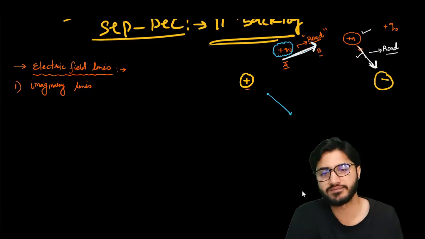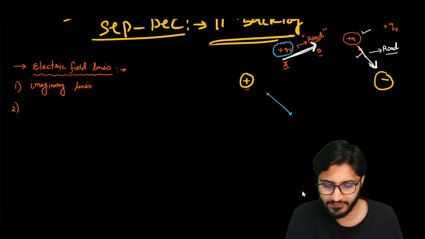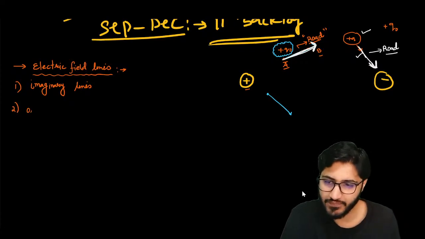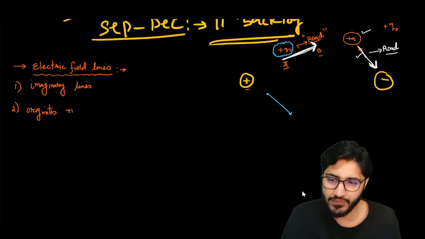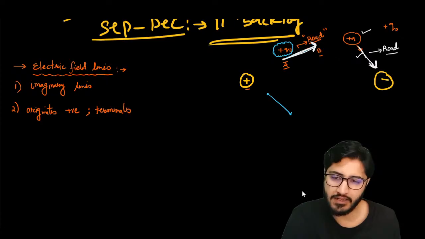Number second point. These lines originate from positive and terminate where? At negative.